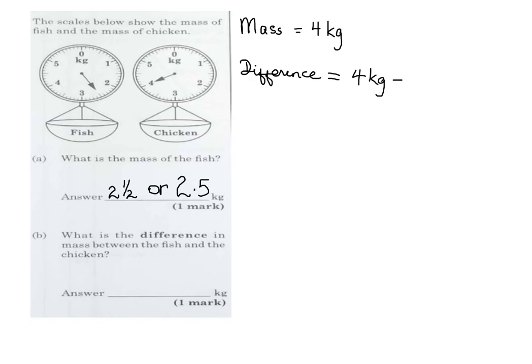So let's say we use the decimal: 4 kilograms take away 2.5 kilograms, right? When we find the difference between them, you're going to get 1.5 kilograms. So this is the difference in their masses, and we're going to put that as the answer. So we're going to write 1.5 for our answer.